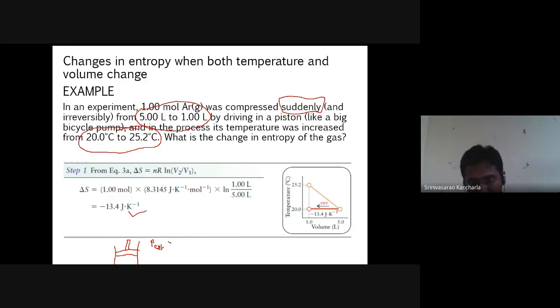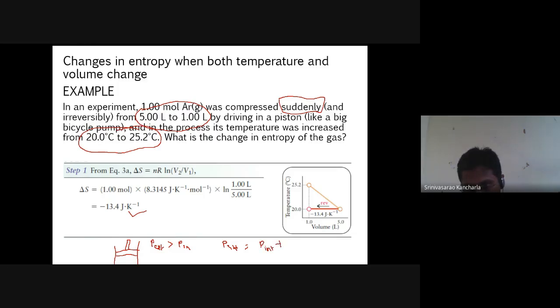You can write it as P external is equal to P internal plus dP.